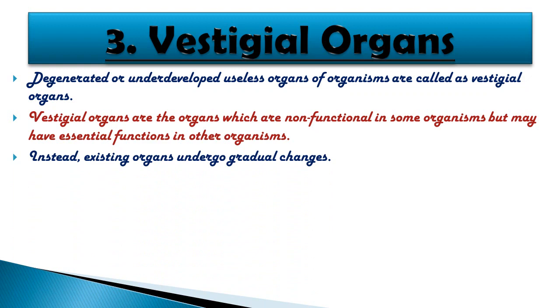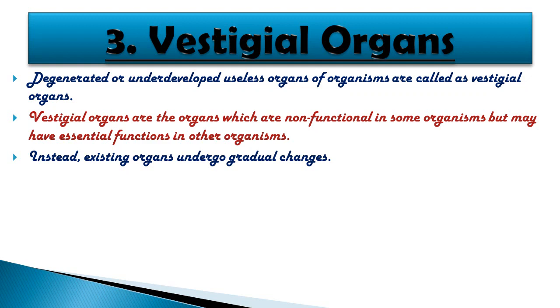That means the organs which are already present go through gradual changes, like the evolution of the human being. We have seen the size of the brain and the external appearance of the body undergo gradual changes, and that is why the evolution of human beings, and of different organisms like plants and animals, has taken place slowly.